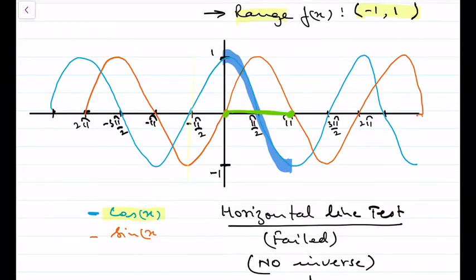Similarly, we can restrict the domain of the sine function to -pi/2 to pi/2 so that it is 1-to-1 and passes the horizontal line test. So between -pi/2 and pi/2, this curve segment will pass the horizontal line test.